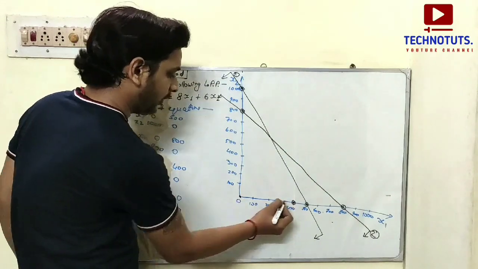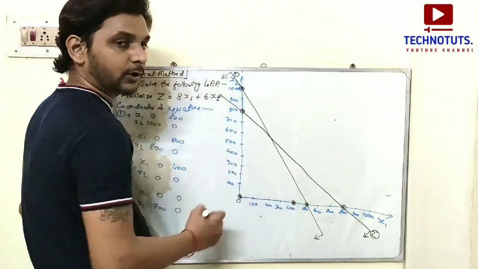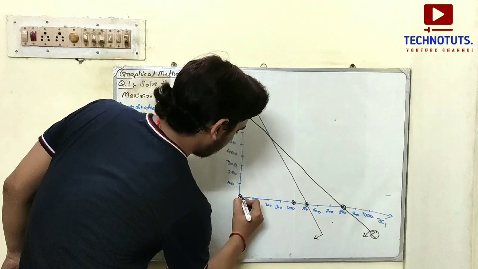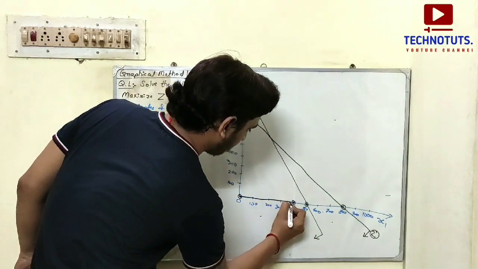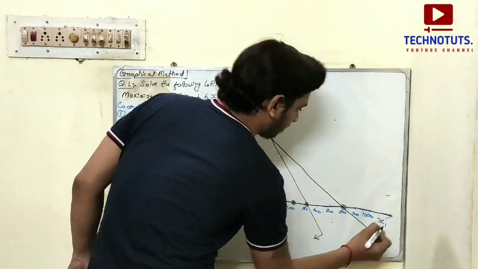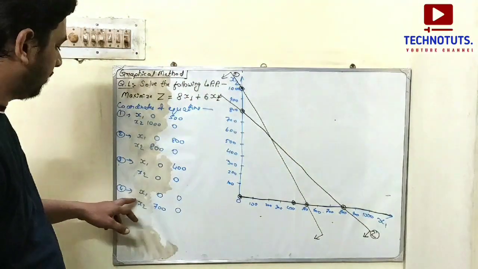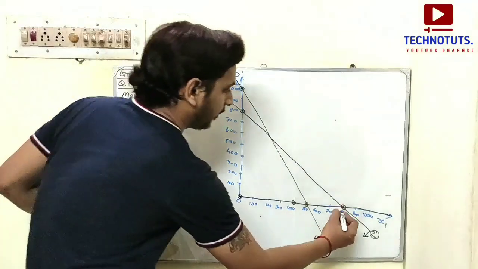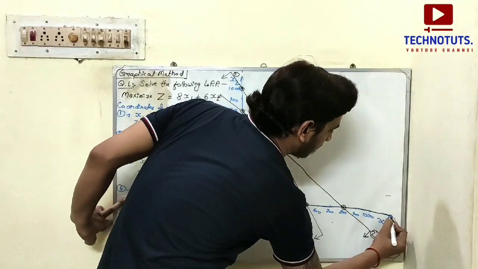The second point is this one, 400, 0. That means this line. This is the line of equation number 3.